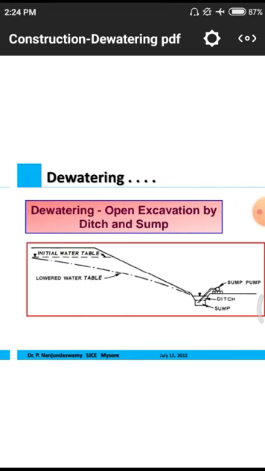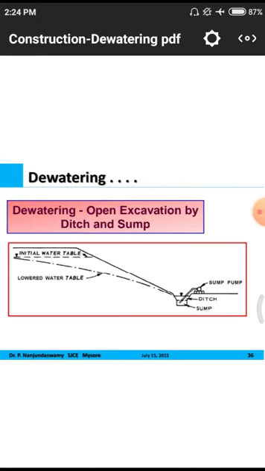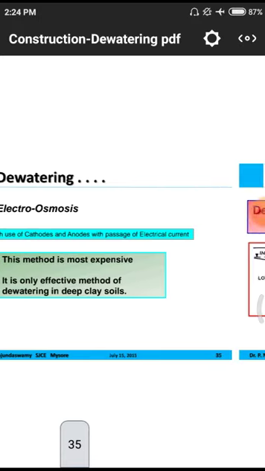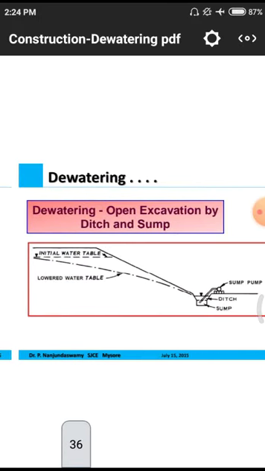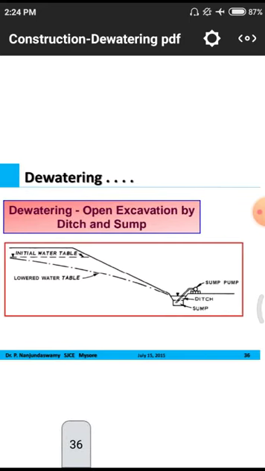Next, how this dewatering technique is employed in particular fields. Dewatering open excavation by ditch or sump. Normally we have a total land, and in that land we make a slope.